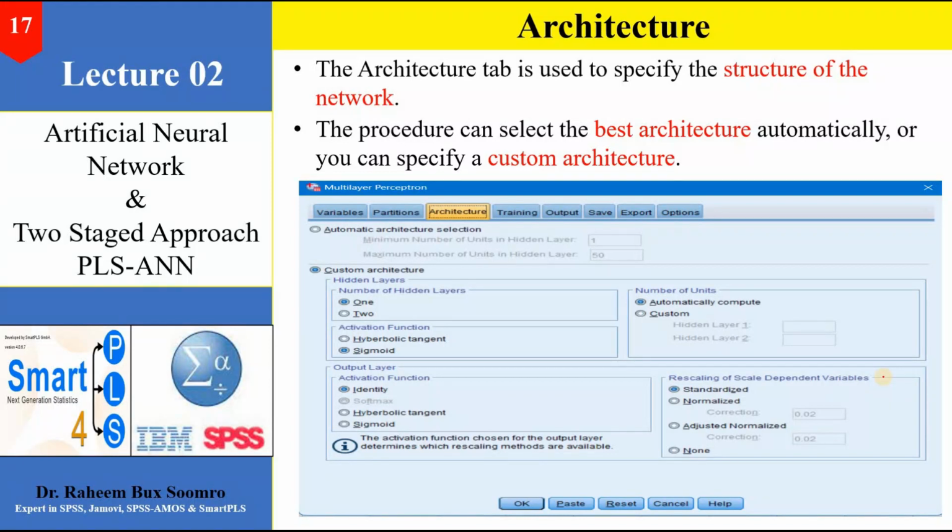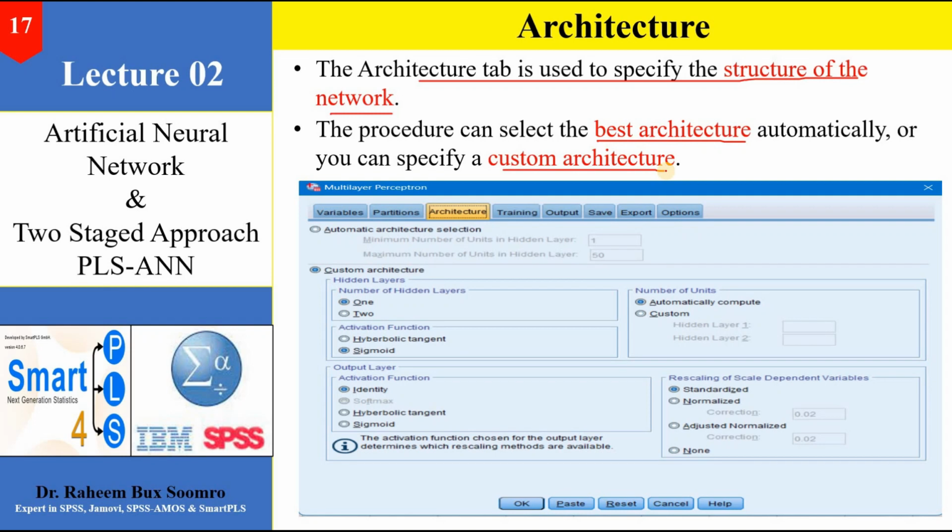Another important thing is about the architecture. Architecture is used to identify the structure of the network, how you are structuring the network. The procedure can select the best architecture automatically, or you can use a custom architecture, where you provide the architecture by yourself.